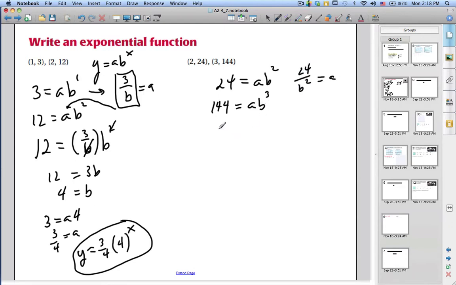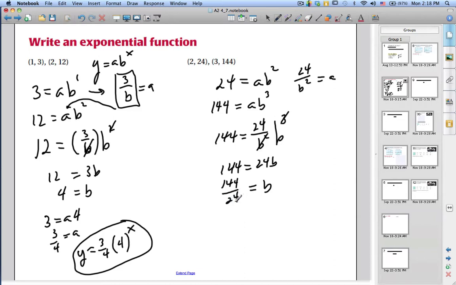I'm going to plug that in here in place of a. 144 would be equal to 24 divided by b squared times b cubed. This is going to simplify to be 24b is equal to 144. So b would be equal to 144 divided by 24.